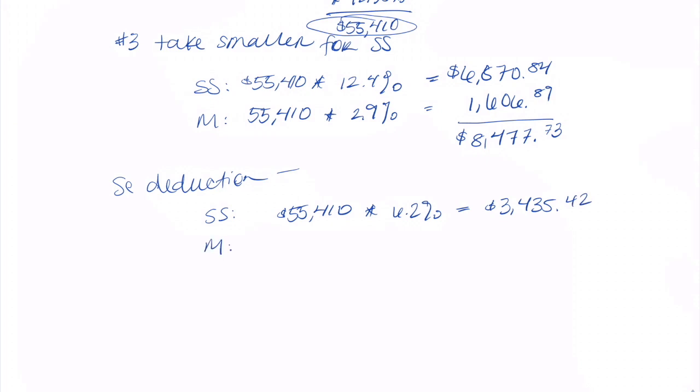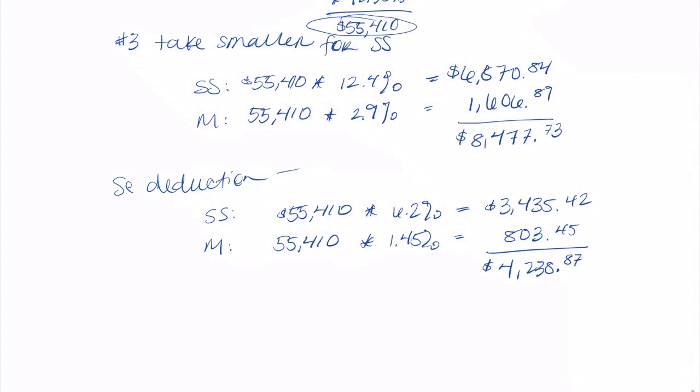And for Medicare, we have $55,410 times just the employer's share, and that gives us $803.45 for a total SE deduction of $4,238.87. And I'll jot down there, that's my SE deduction. Sorry, the handwriting's a little bit sloppy at this point.